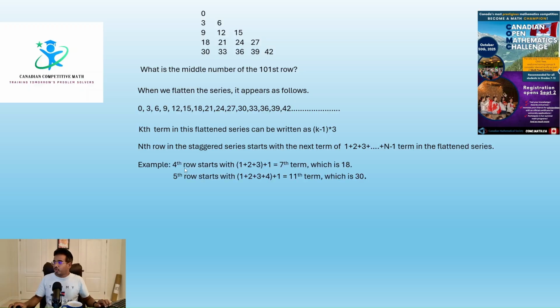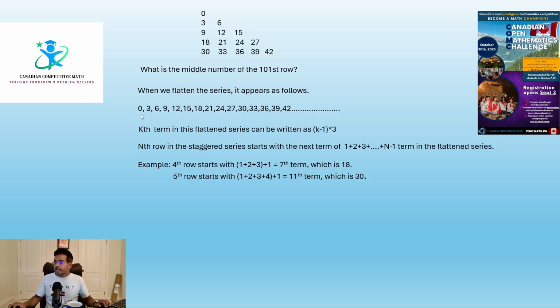For example, the fourth row: this is first, second, third, fourth. The fourth row starts with 18. Since we are looking at the fourth row, we need to look at 1 plus 2 plus 3, which is n minus 1, that I talked about here. 1 plus 2 plus 3 equals 6, plus 1 is the 7th term of the flattened series.